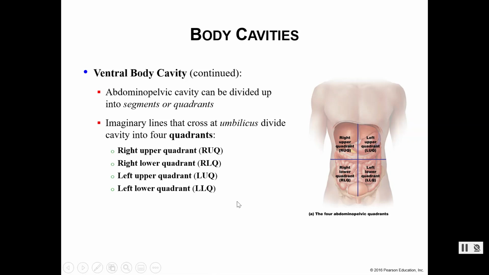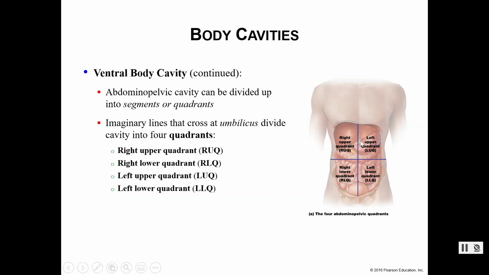Okay, so you already know there's a lot of stuff that goes on inside your abdominopelvic cavity just because you have so many organs there. So when we do diagnostics, when you go in complaining of belly pains, things like that, your doctor needs to narrow it down a little bit more so we can divide you into quadrants.